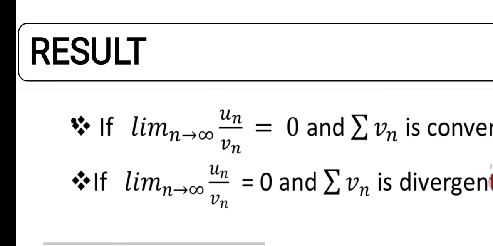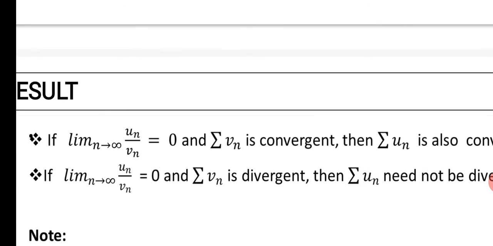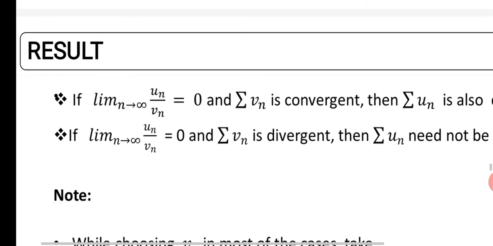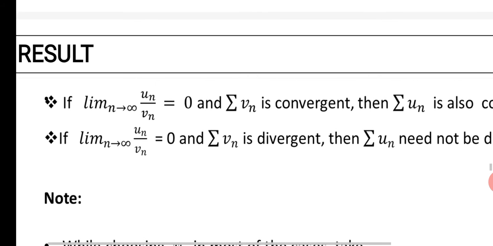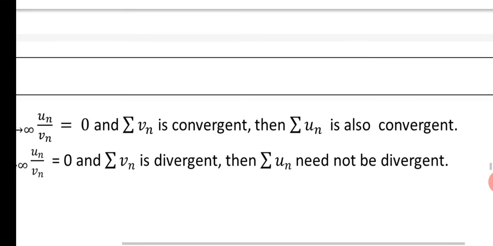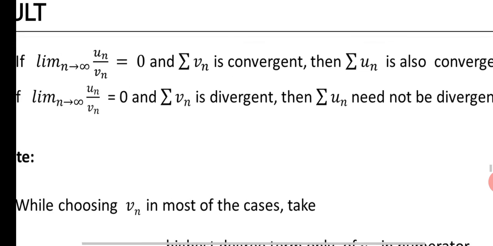The result is: if limit of un by vn as n tends to infinity is equal to 0 and summation vn is convergent, then summation un is also convergent. If limit of un by vn as n tends to infinity is equal to 0 and summation vn is divergent, then the series summation un need not be divergent.